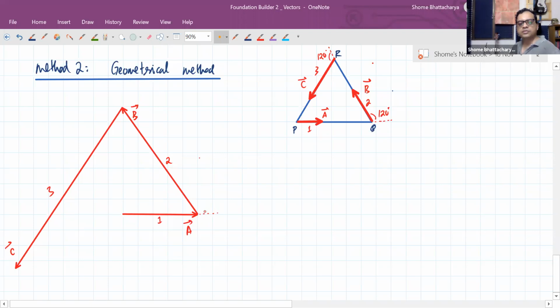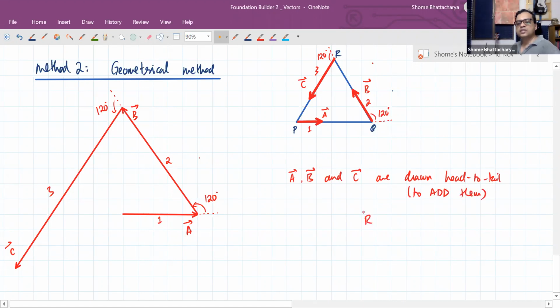Where the angle between vectors A and B is 120 degrees, and again the angle between B and C is also 120 degrees. So we have drawn A, B, and C head to tail to add them.